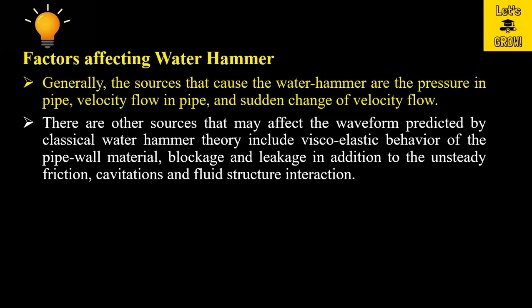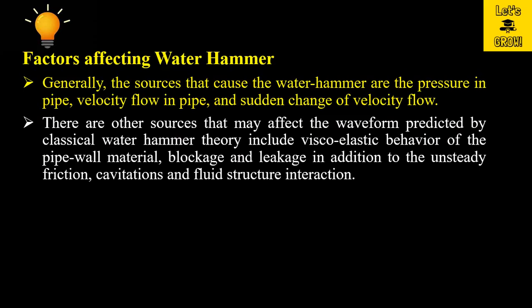Now the factors affecting the water hammer. Generally the sources that cause the water hammer are the pressure in pipe, velocity of flow in pipe, and sudden change of velocity of flow. So there are basically three parameters which affect the water hammer. First one is the pressure in the pipe, second one is the velocity of flow in the pipe, and third one is the change in velocity, correct?